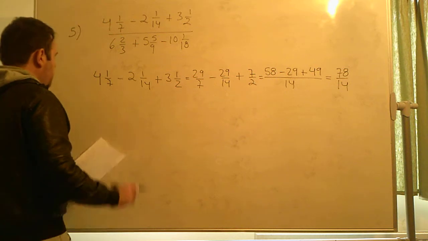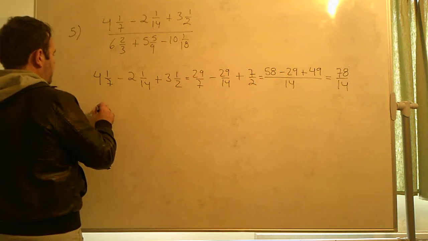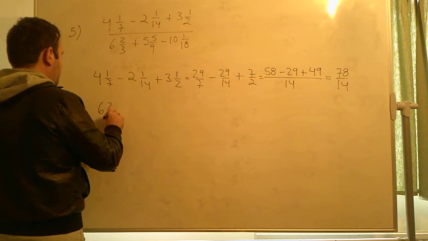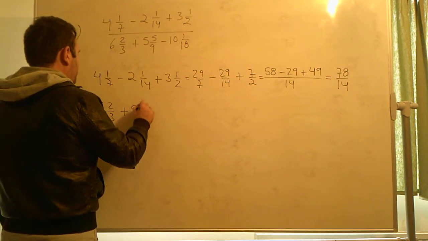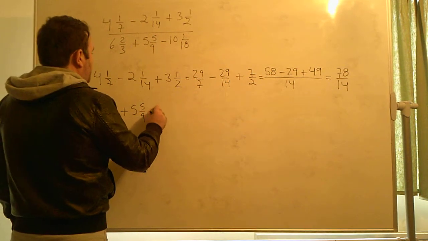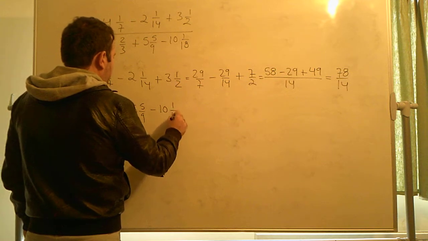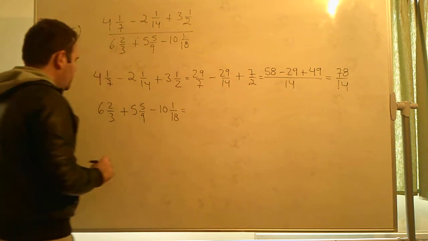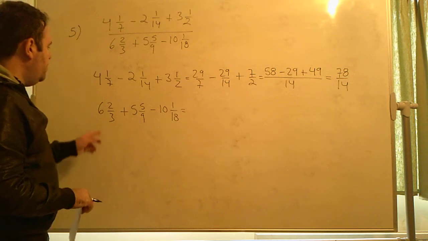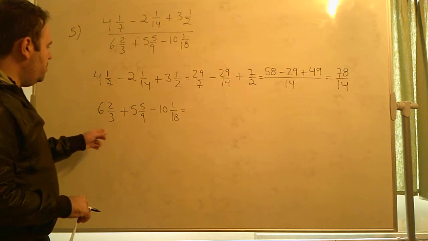And now we need to work on the denominator. So this will be 6 2/3 plus 5 integers and 5/9 minus 10 integers and 1/18. So first we need to turn these mixed fractions into improper fractions.